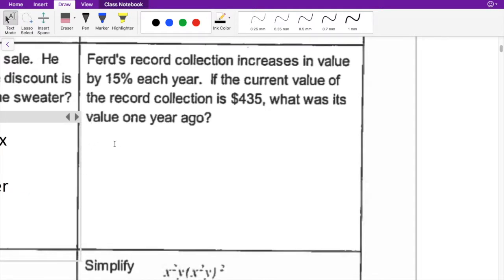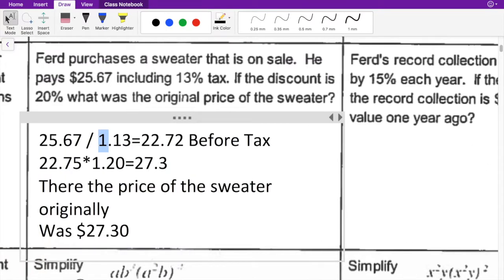Okay, so we're back. Ferd's record collection increases in value by 15% each year. If the current value of the record collection is $435, what was the value last year? So this looks a lot like our question back here. We're going back in time, right?